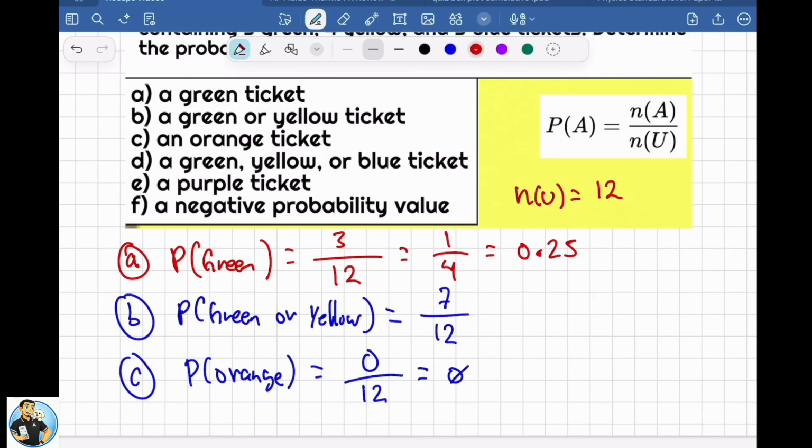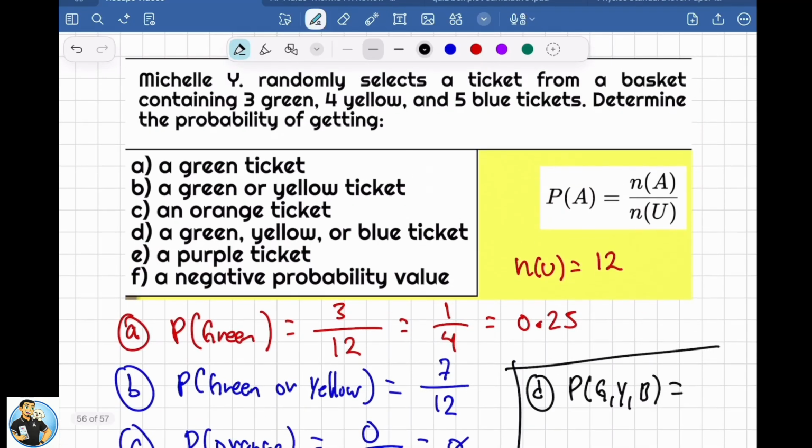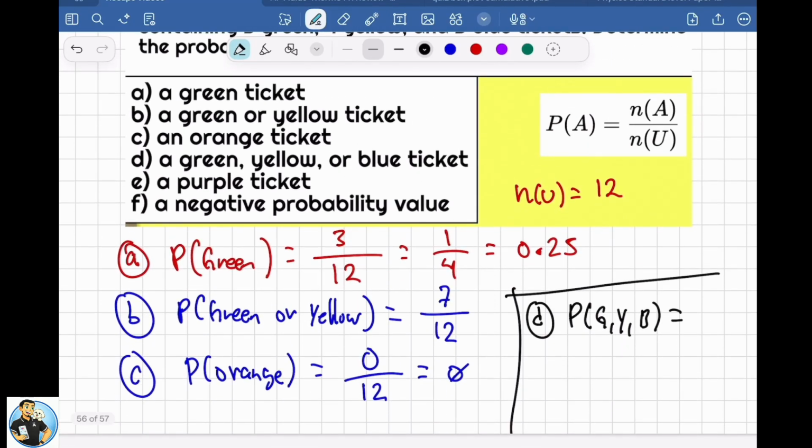What about this one here? Let me do this. This is letter D, a green, yellow, or blue ticket. Probability of green, yellow, blue. As you can see, this is 12 divided by 12. So this is 1. We are super sure that we can get green or yellow or blue. Easy peasy. Then E, probability of getting a purple.